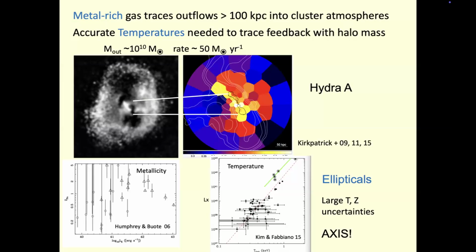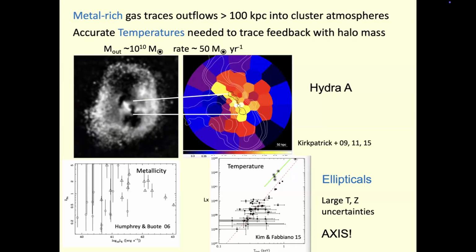And then on the right-hand side, quite similarly, you can see the X-ray luminosity plotted against gas temperature. This is results from Kim and Fabiano. And you can see as you go to lower luminosities, the temperature errors become very large. Well, why is that worrisome? It's worrisome because we want to study these systems as a function of halo mass, and we need temperatures to do that.